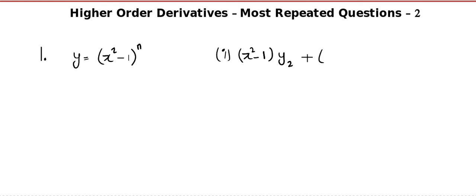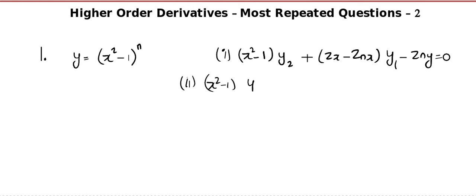Second, we have to apply Leibniz theorem to the first part and prove that (x square minus 1) y n plus 2, plus 2x y n plus 1, minus n into (n plus 1) into yn, equals 0.